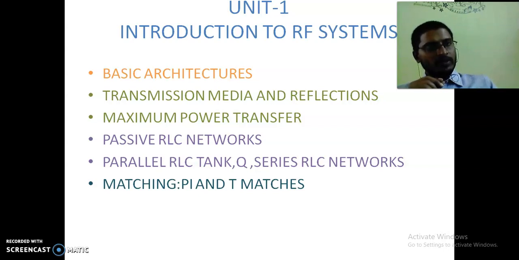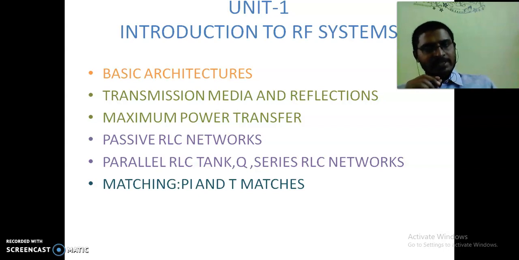For example, if we transmit 2 watts of power, 1 watt is delivered to the load and 1 watt is reflected, meaning 50% of power is delivered to the load and the remaining 50% is wasted as reflections due to mismatch between source and load. How to avoid this problem? We need to introduce a matching network between the source and load.